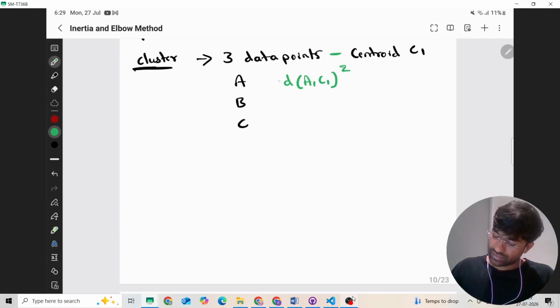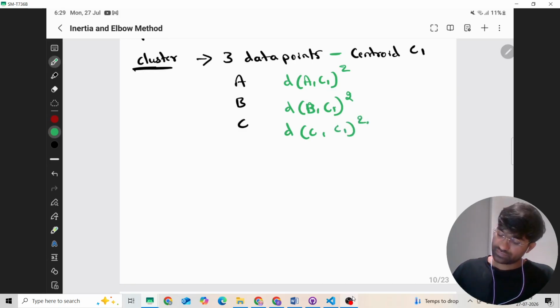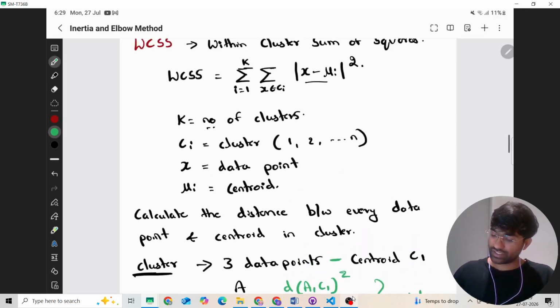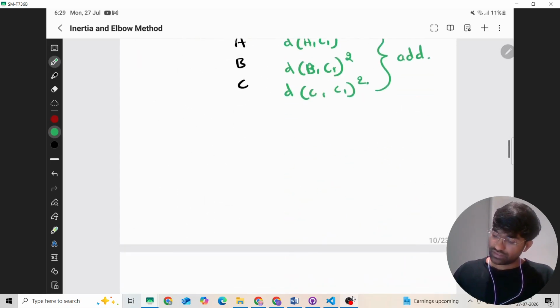Then the distance of B comma C1, then the square of the distance. Then the distance of C comma C1, then square it. And then we have to add all these distances. That's what the summation stands for: square it and add it.